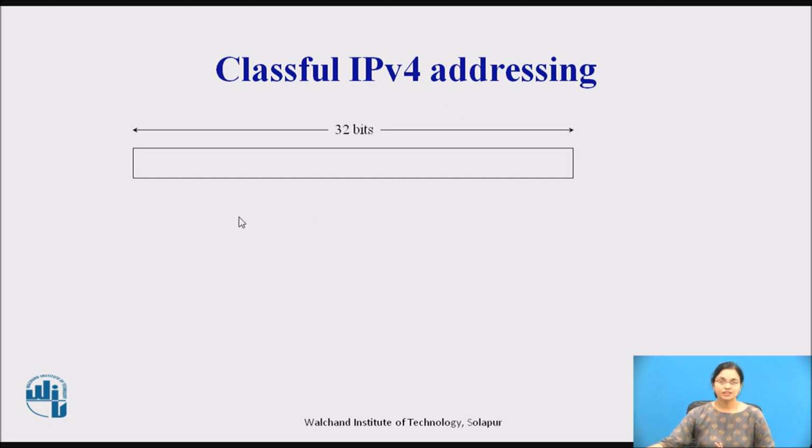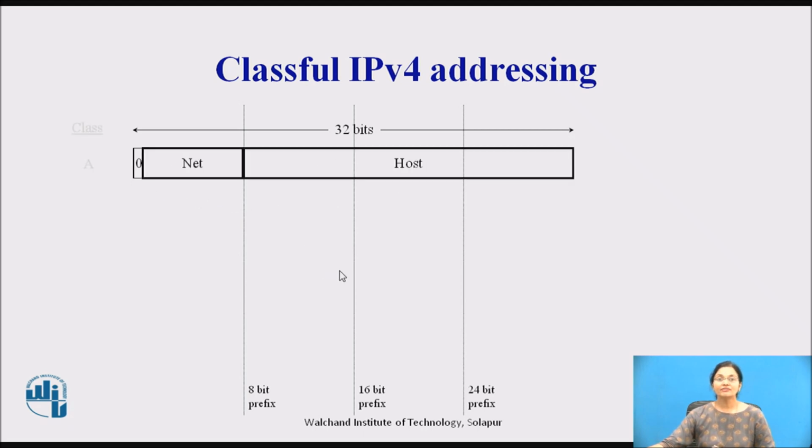As we have seen, it is 32 bits, and each section has 8 bits. Now here we have different classes, A, B, C classes. Whatever the suffix and prefix bits are, how they are divided determines the class.